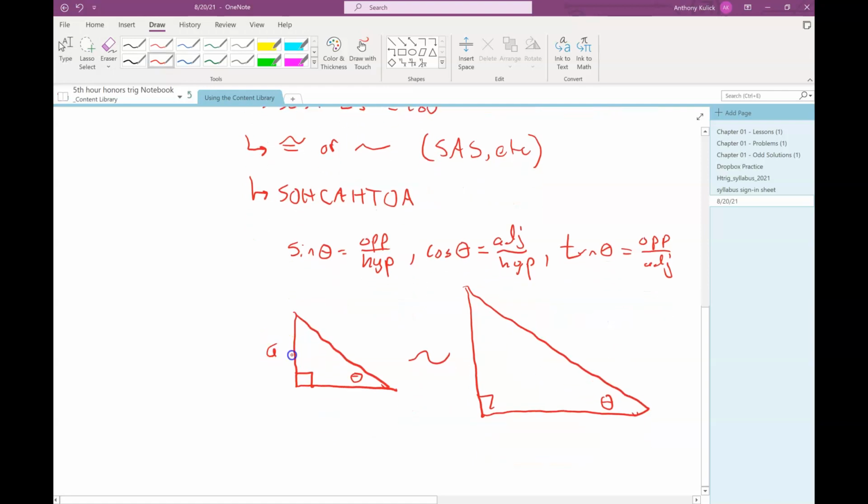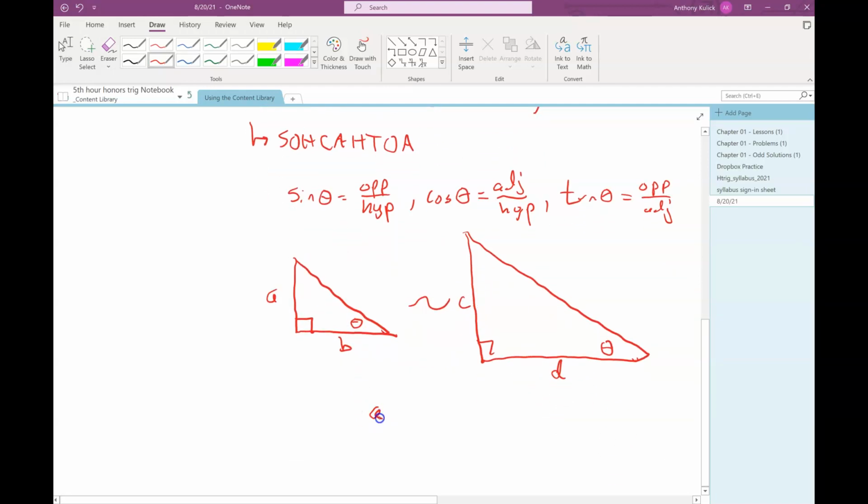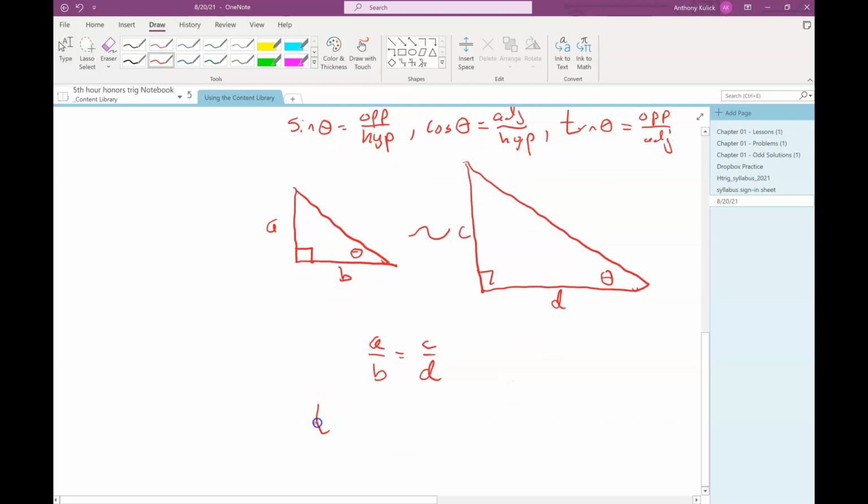So if this triangle, say, has side lengths A and B, and this triangle has side lengths C and D, the ratio of those side lengths has to be equal all the time, right? So we create a function then that ties that angle measure, in this case tangent, to that ratio of side lengths that is constant all the time.